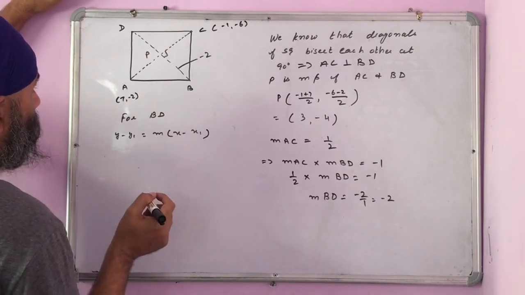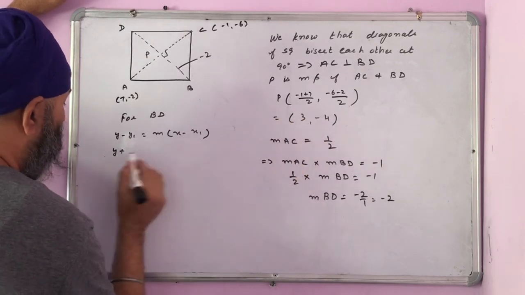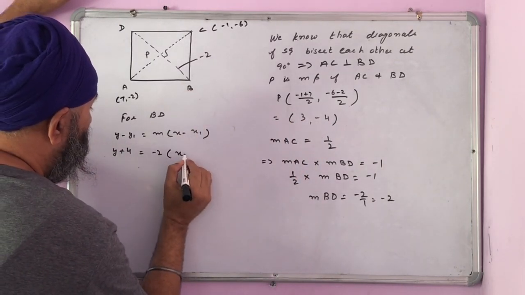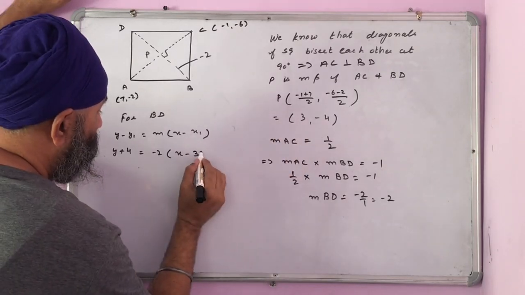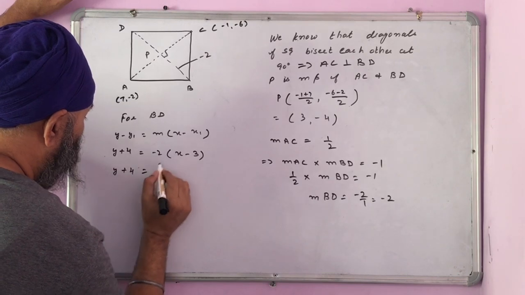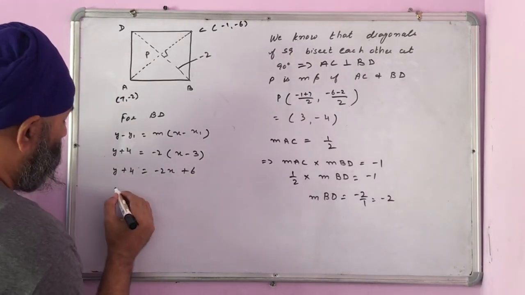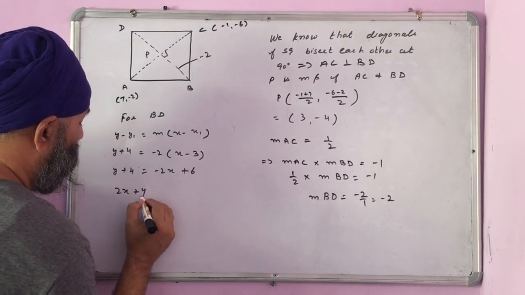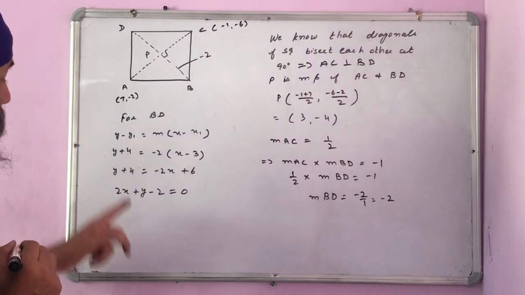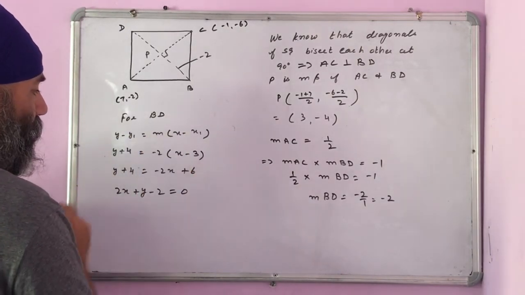It is y plus 4, minus minus plus, m is minus 2, x minus 3. So y plus 4 is minus 2x plus 6. So it is 2x plus y minus 2 is equal to 0. This will be the equation of BD.